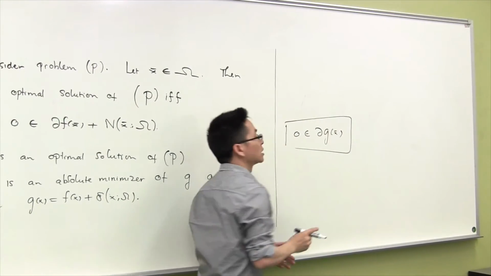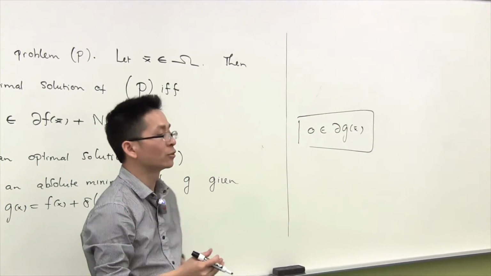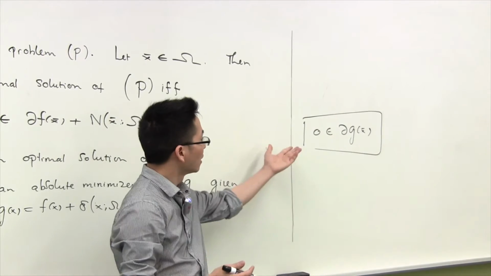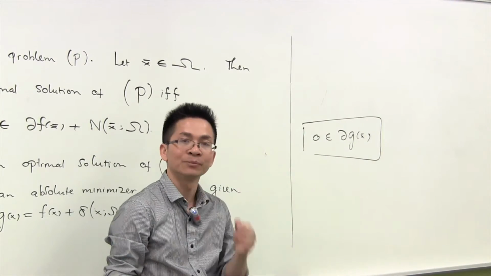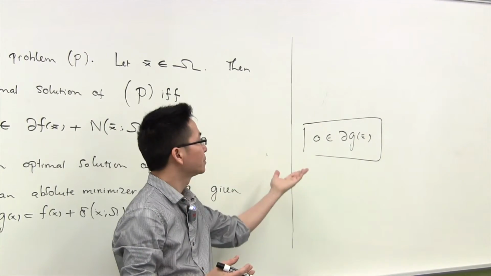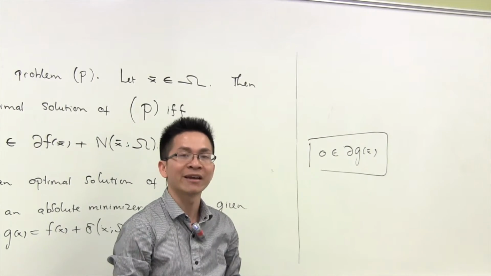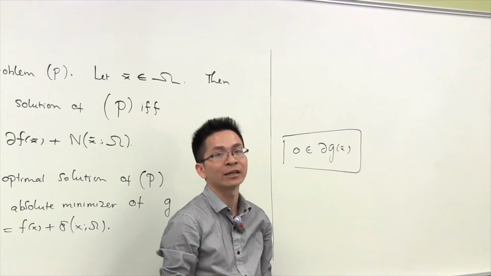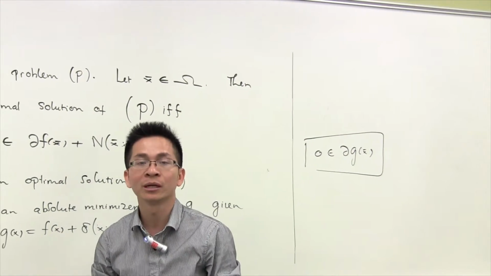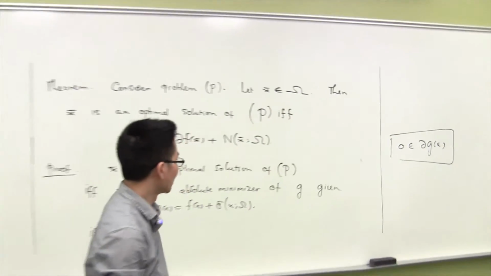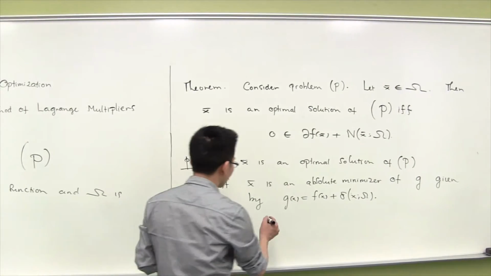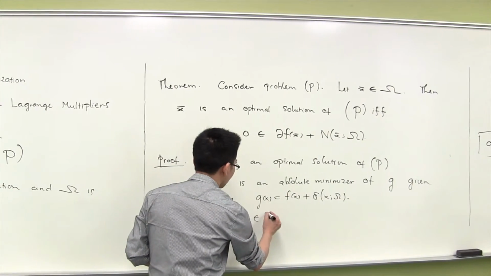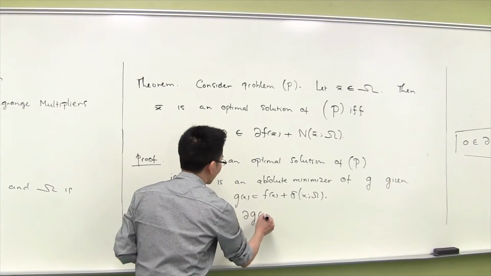This is called Fermat's rule, and the proof is very simple. We can prove it by writing down the definition of what it means for 0 to be in this subdifferential, and I believe that I already proved the result earlier. So this is true if and only if 0 belongs to the subdifferential of g at x bar.